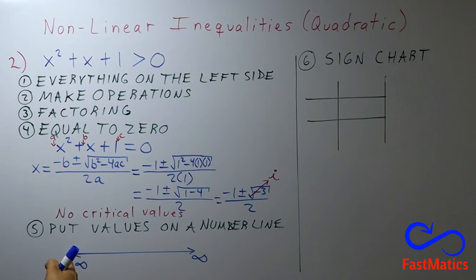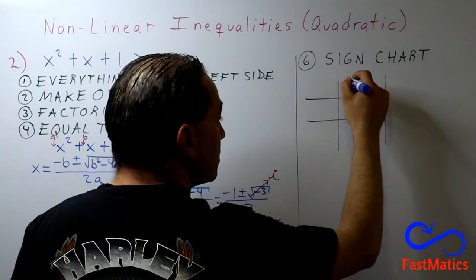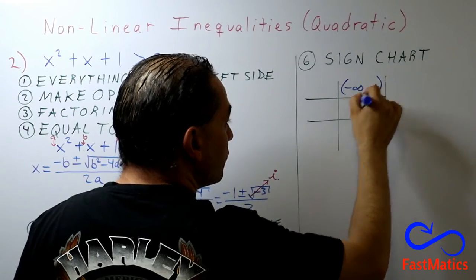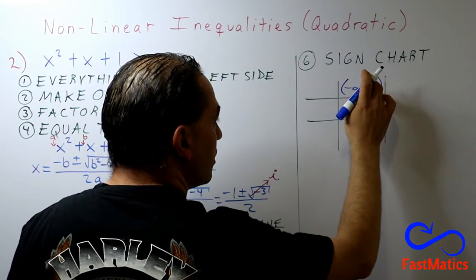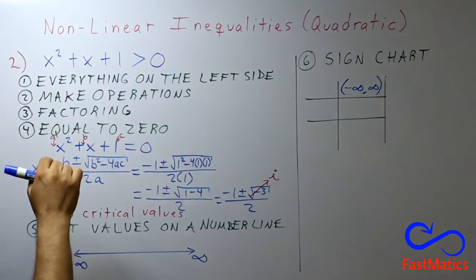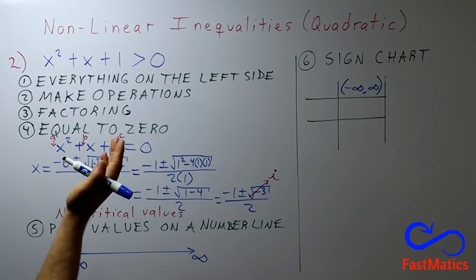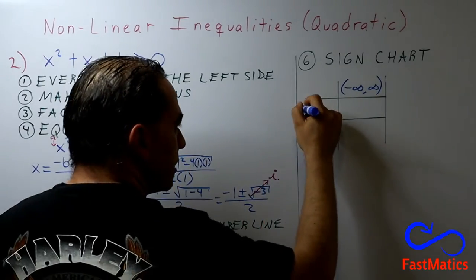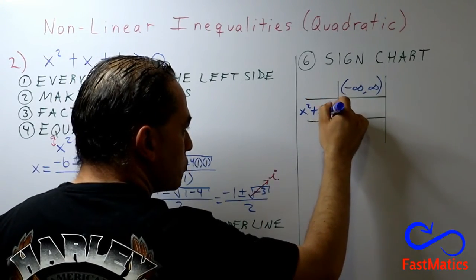But here you have only negative infinite and positive infinite. So you are going to write negative infinite to positive infinite, always with parentheses on the infinite. And here you are going to write the expression. You cannot factorize it, so you write x squared plus x plus 1.